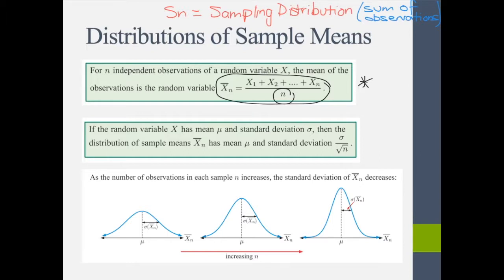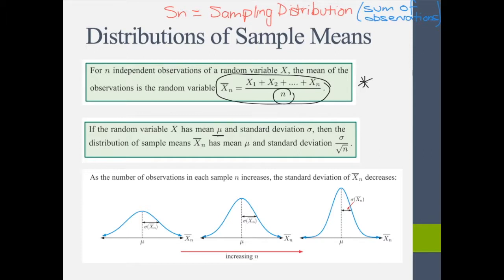If the random variable X has a mean mu, say we know that cans of Coke are supposed to have a mean amount of Coke in the cans, which is what's in a can these days, 320 millilitres, something like that. So let's say they have a mean of 320 millilitres with a standard deviation of 5 millilitres.